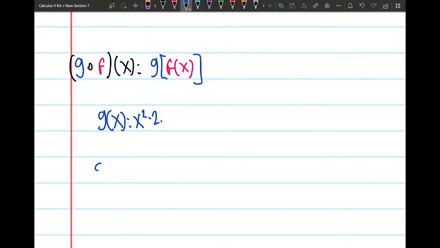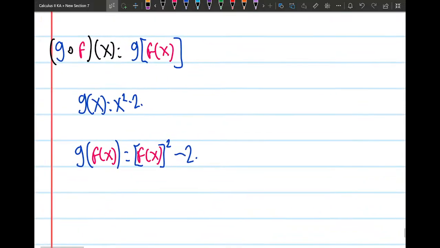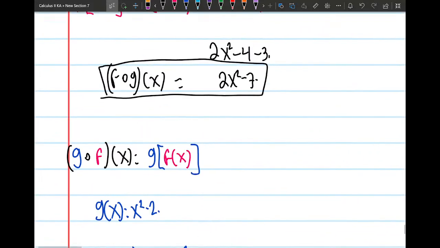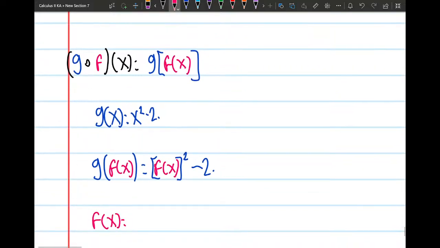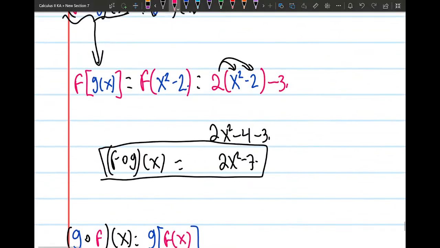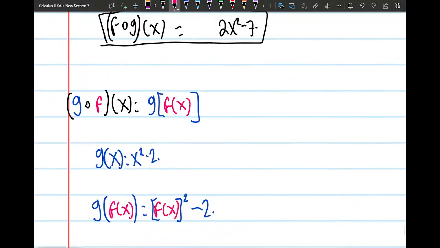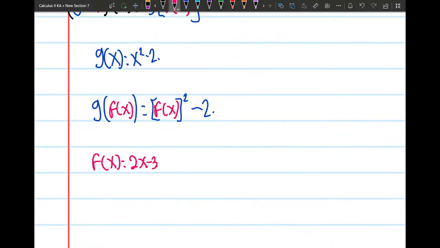So g of f of x is going to equal f of x quantity squared minus 2. And we know f of x was 2x minus 3. So this is going to go in for this here.